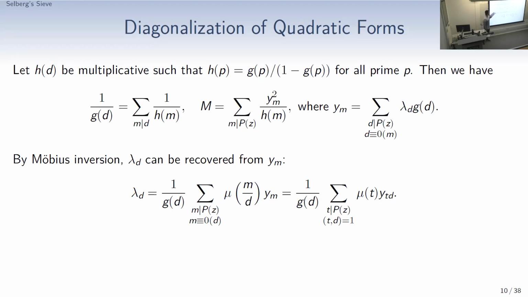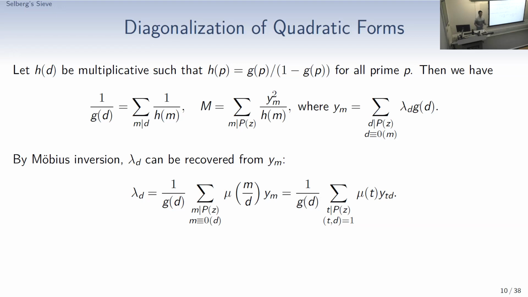And if we define this h function and then perform a transformation on lambda, transforming lambda into y, then the main term will be a sum over non-negative numbers, which is perfect for our purpose, and this will be more convenient for us to play with.